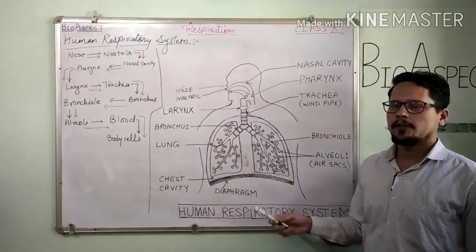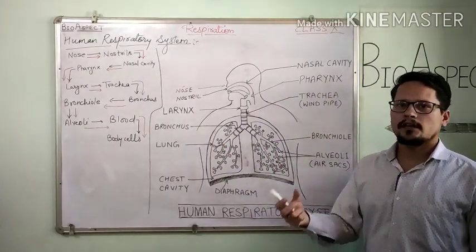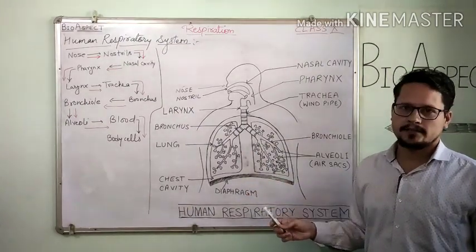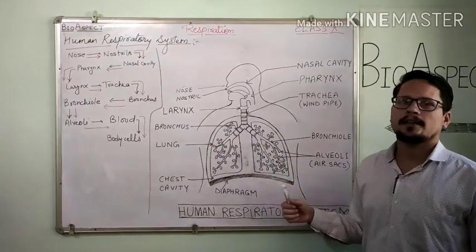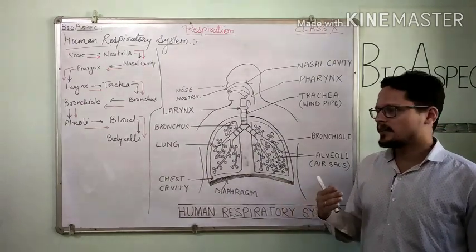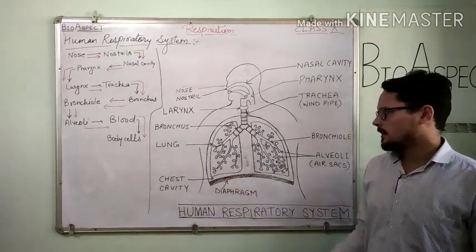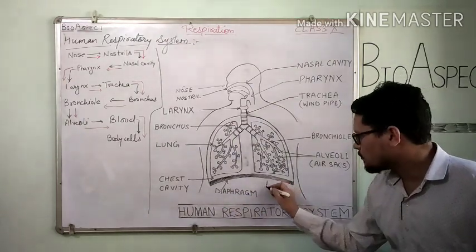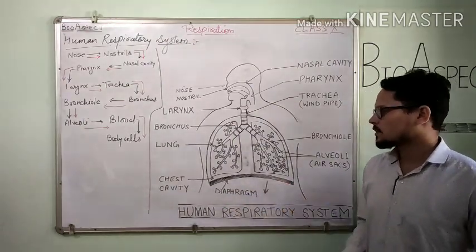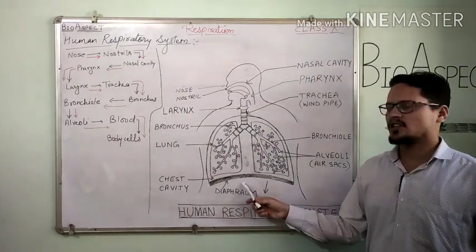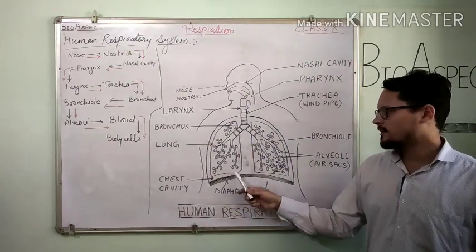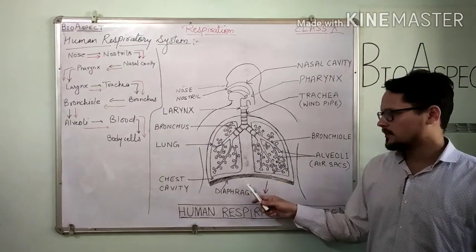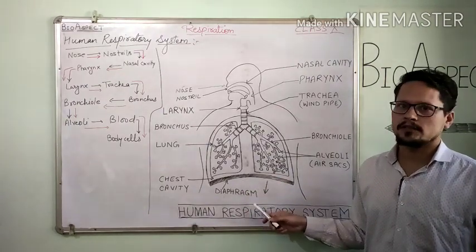Alright. During inhalation, we take in air and the volume of the lungs increases. It means their size increases. The rib cage moves outwards. At that time, the diaphragm also moves downwards. The diaphragm is called the chest floor, which balances the two lungs, because when the lungs move downwards, the diaphragm also moves downwards.